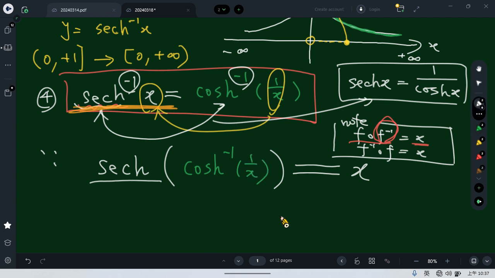Then I will check if it will really be the identity function.